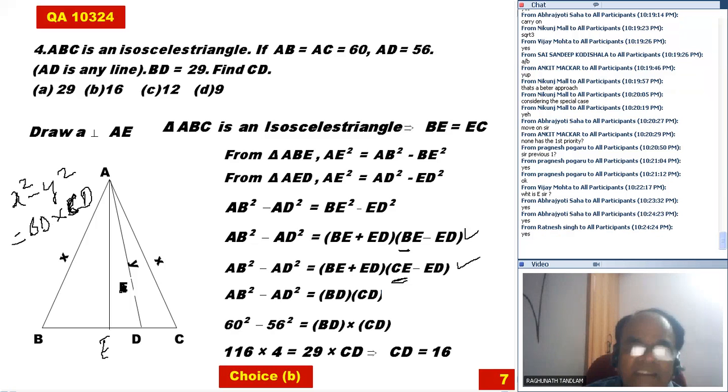This is an easy thing to remember. If it's an isosceles triangle ABC, if AB is x, AD is y, x squared minus y squared equals BD into CD. That I should remember. It's not difficult to remember either.